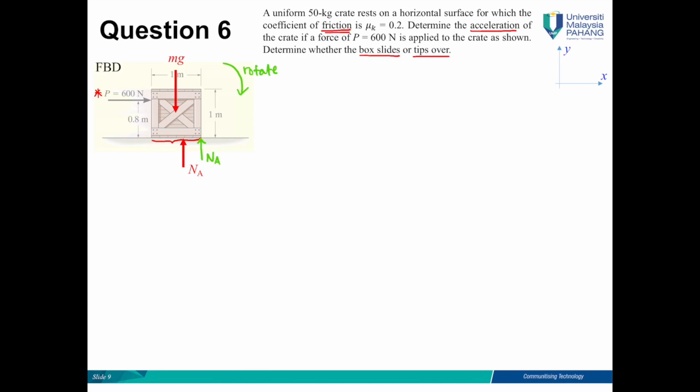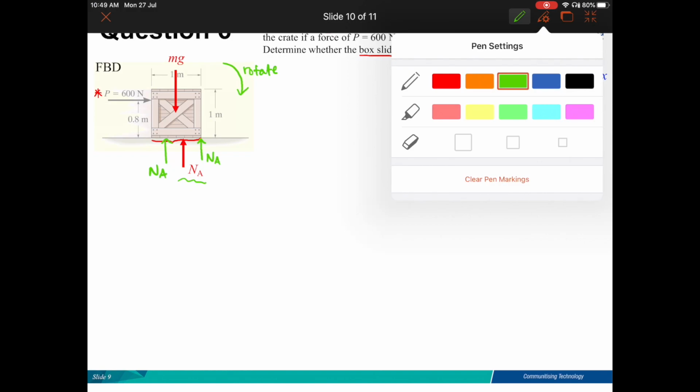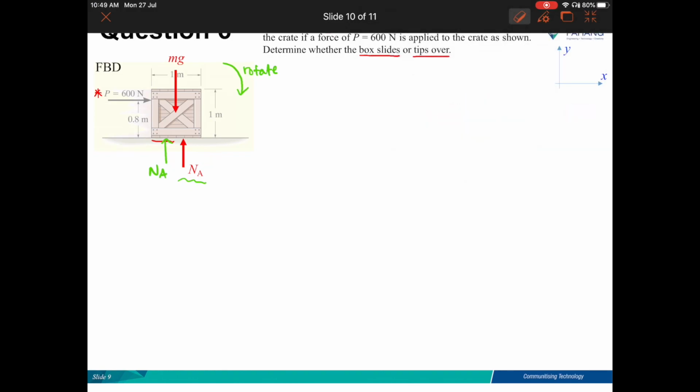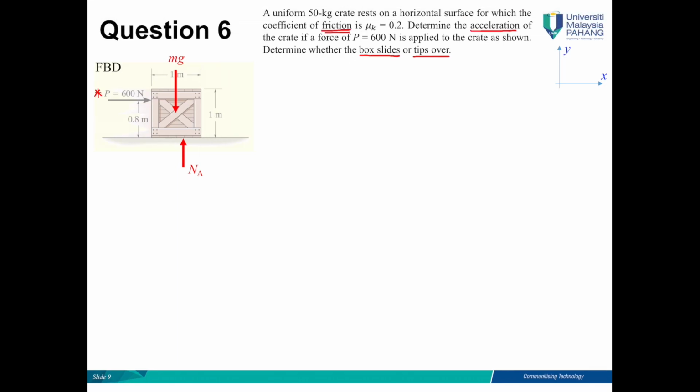If the normal force lies somewhere in this region, like this one, or perhaps here, then the box will slide. So this is what we want to determine, where the location of the normal force is. Let's erase this first. So assuming that the normal force now is acting somewhere over there.